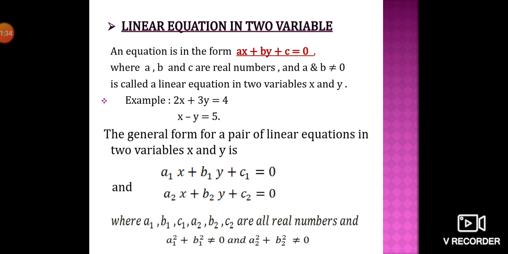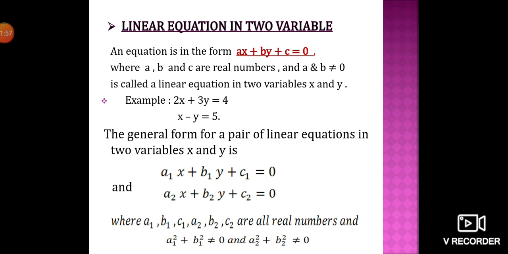The normal equation should be in the form ax, that means a is a constant, x is a variable. One more variable should be there, plus by. b is another constant, y is another variable, plus the constant c which is equal to 0. So one example we can check, 2x plus 3y is equal to 4.